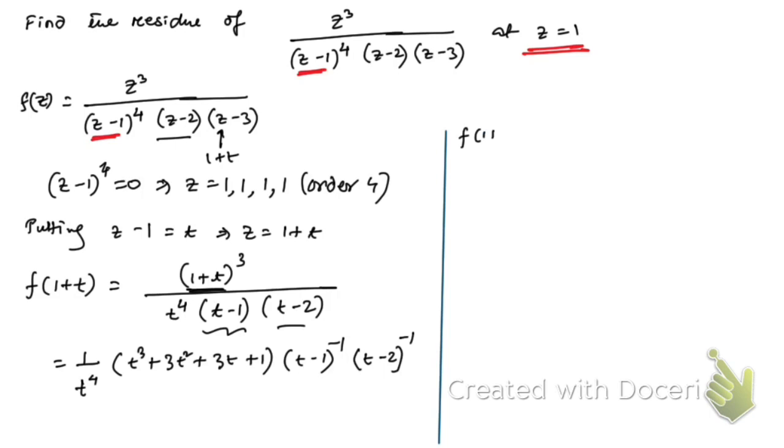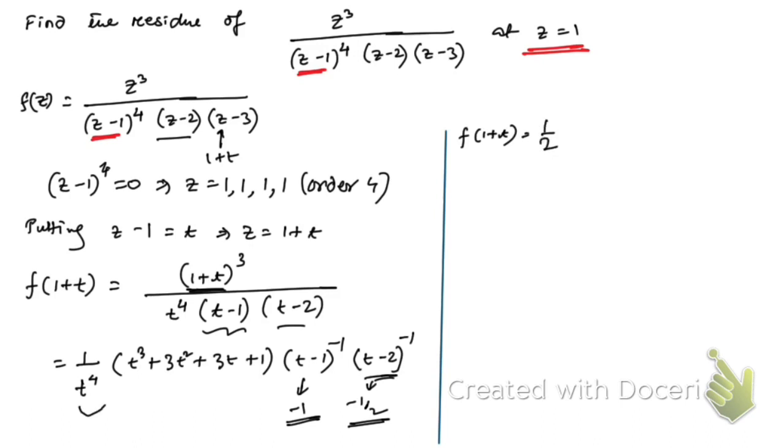f of 1 plus t, that's going to be equal to 1 by t to the power 4, and here you see, just do one more thing. If you take minus 2 and minus 1 common from these two, then minus 1 by 2 and here you see minus 1 by 2 and minus 1, that's going to be plus 1 by 2, right?